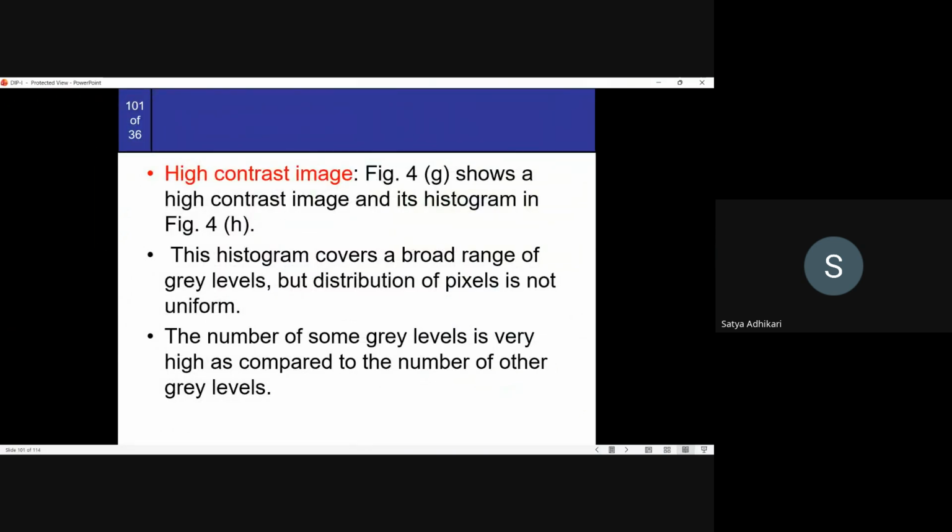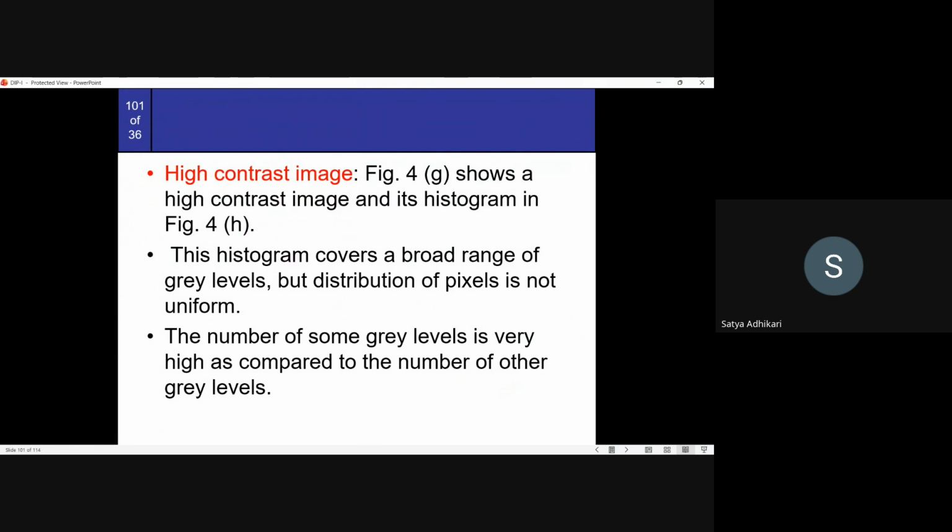Then the last one, the high contrast image. This shows a high contrast image and its histogram is 4H. The histogram covers a broad range of gray levels, but the distribution of pixels is not uniform.